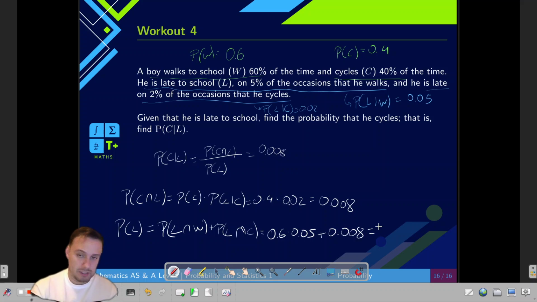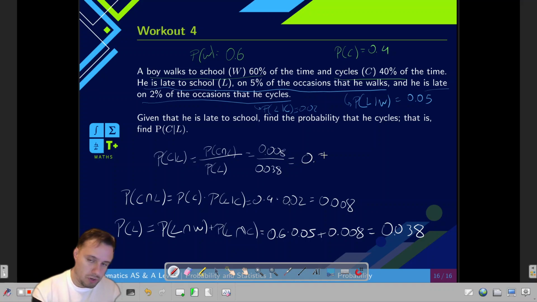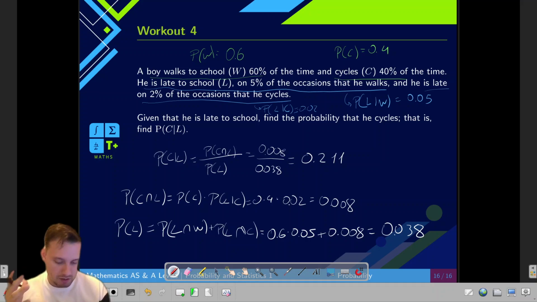And this, the probability of being late, gives us 0.038. We divide by this 0.038 and we get that the probability that he cycled knowing that he was late is 0.211. As I mentioned earlier, it's a very interesting exercise because it combines a lot of thinking in probability.